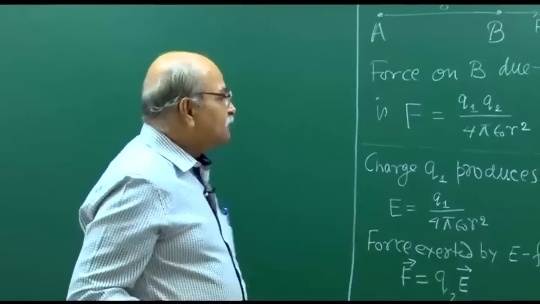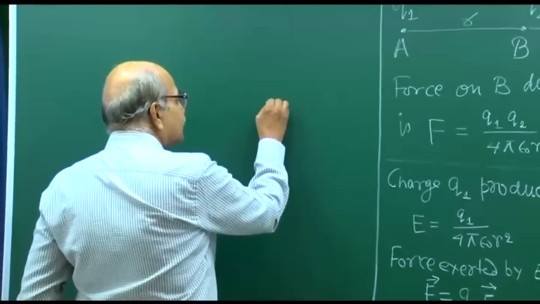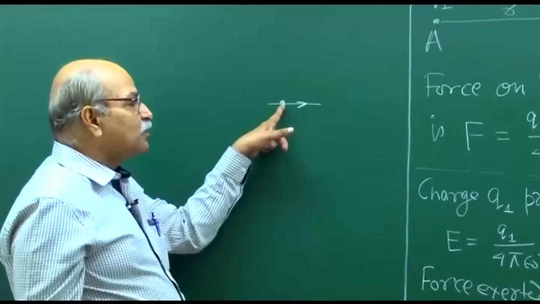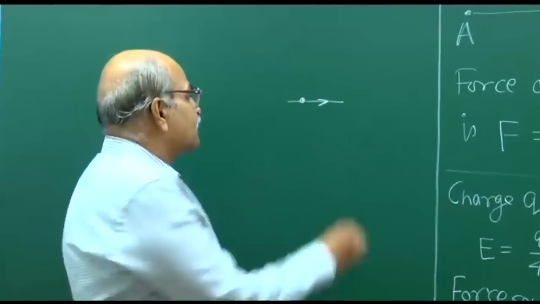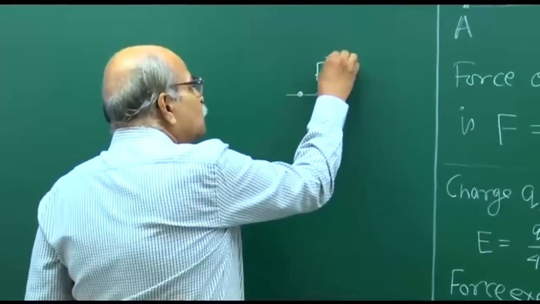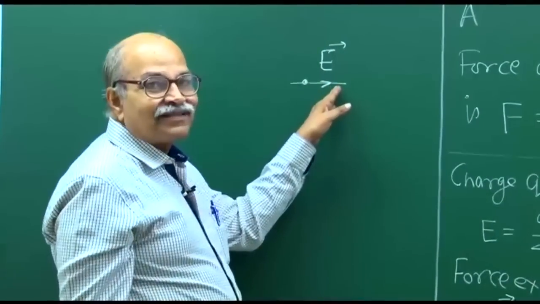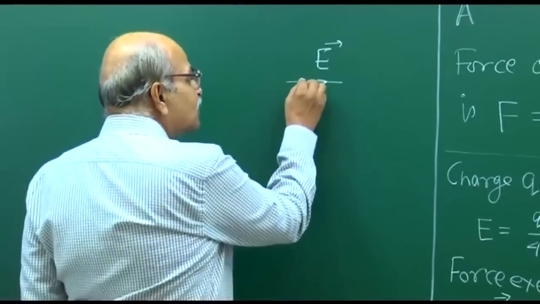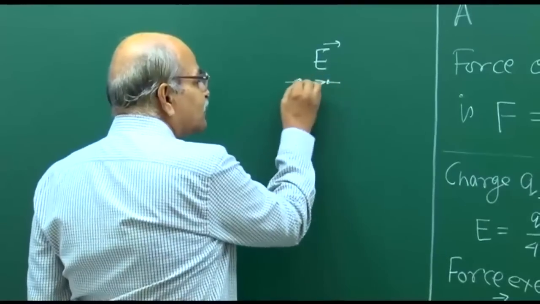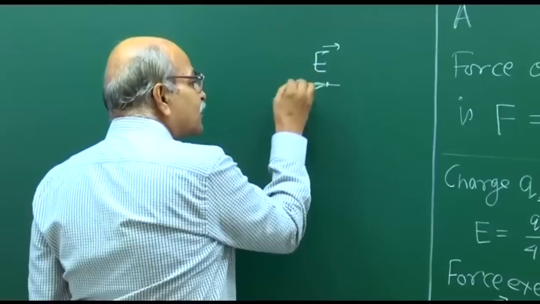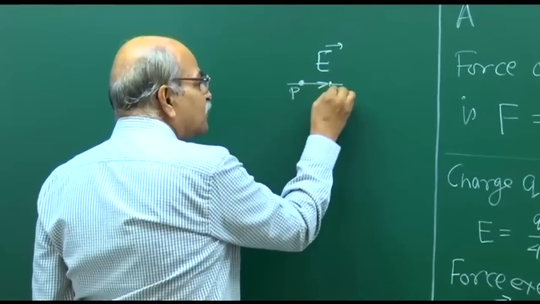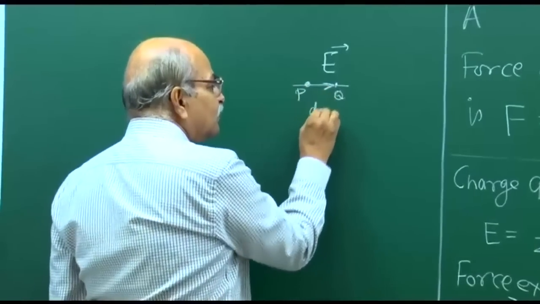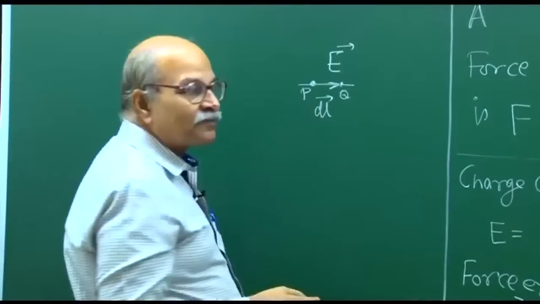Suppose you have an electric field in this direction, and this is some point, and at this point you have some electric field, and you go a small distance along the direction of the electric field. Say this point is P and this is some point Q, and the separation is small, say dl, and you can put this vector also.